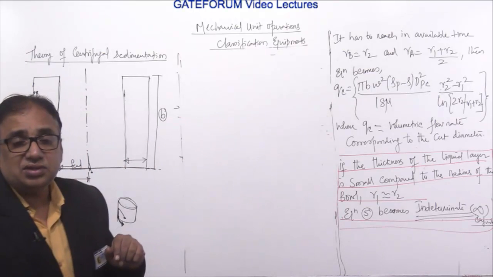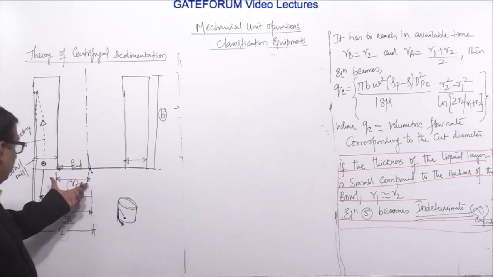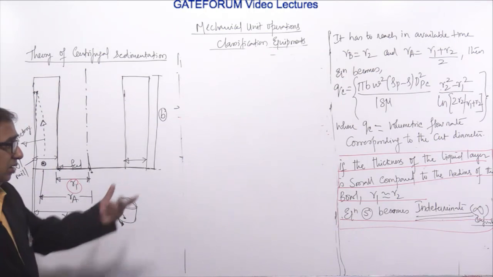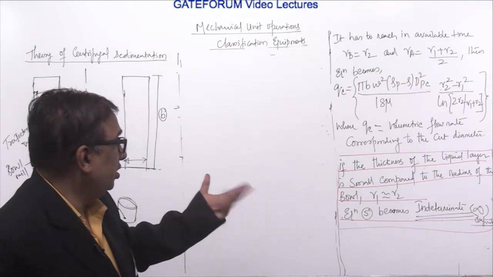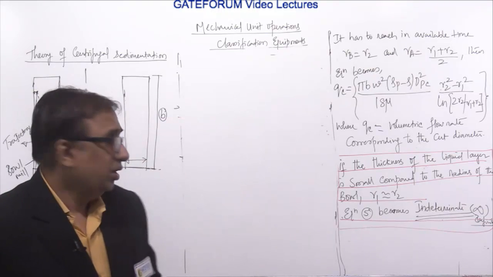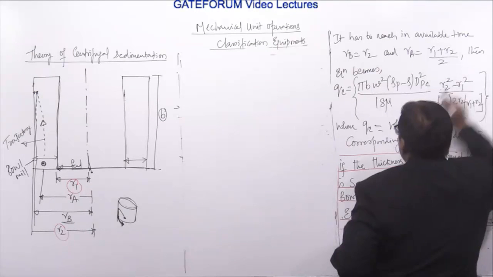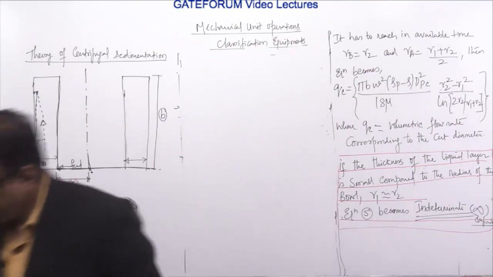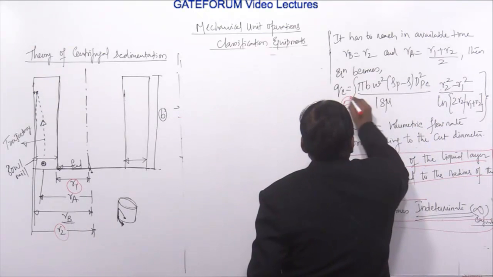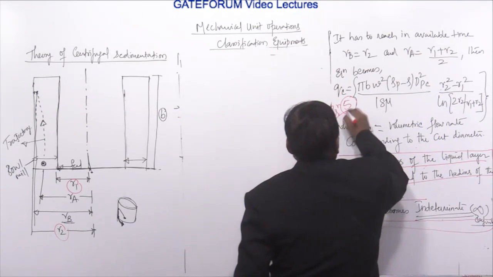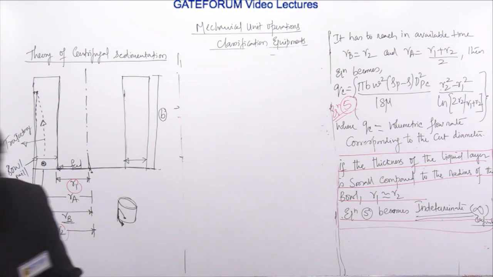Now you can clearly understand, if R1 is equal to R2, there is no appreciable thickness here, then the equation QC, this is equation 5, becomes indeterminate.